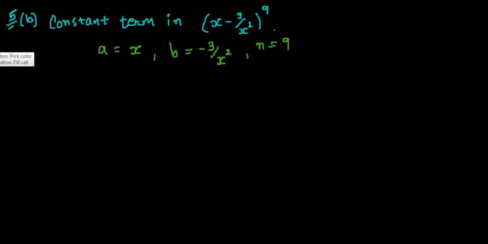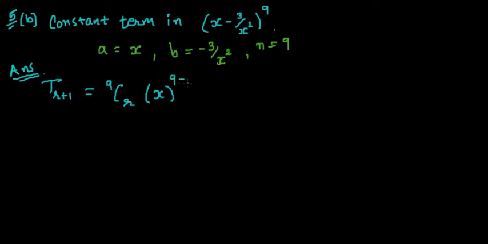T r plus 1: instead of n we are keeping 9, so 9Cr I am writing directly without the formula now. A is x, so x raised to n minus r, that is 9 minus r.